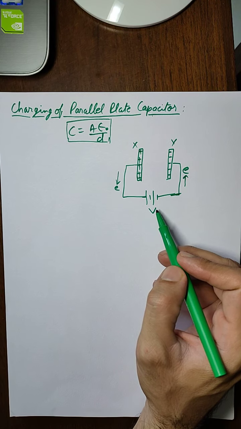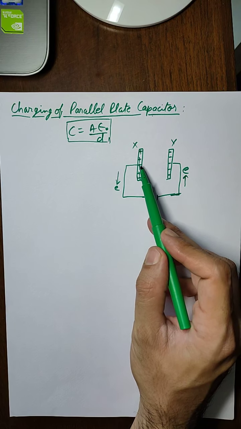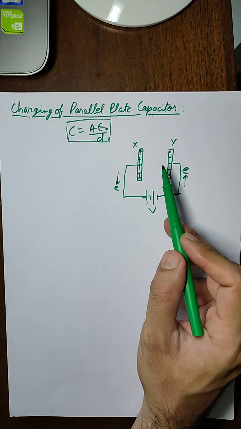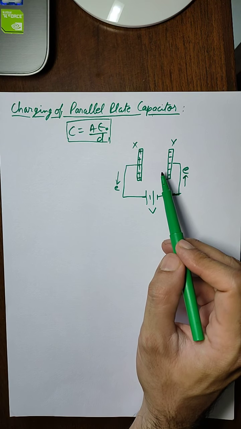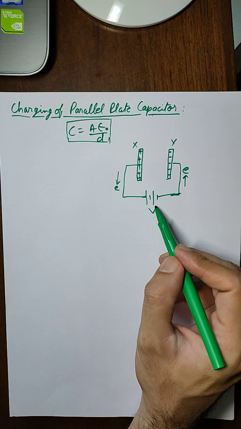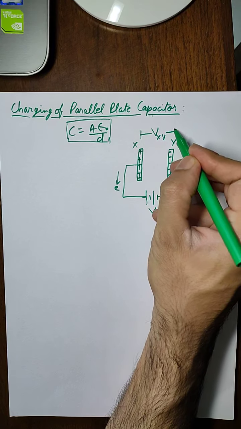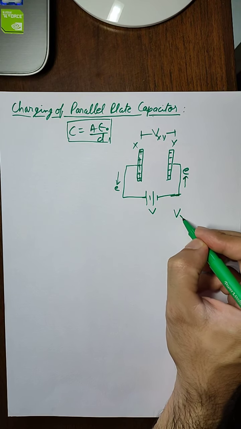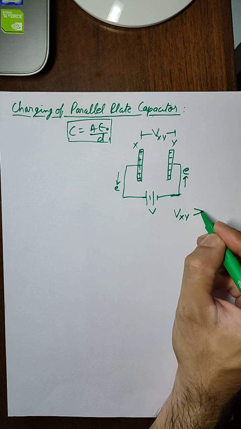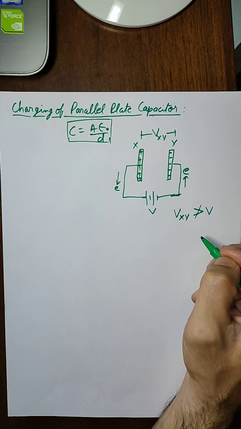Now this charging will keep on increasing. The work of the battery here is to maintain the potential difference between X and Y at a constant value. This constant value is at most equal to the potential of the battery. That is, the potential between plates X and Y, let us say Vxy, can never be greater than the value of the battery that is connected.